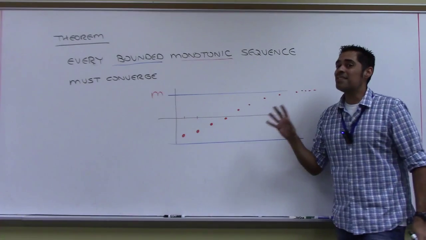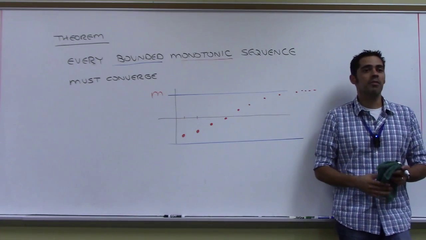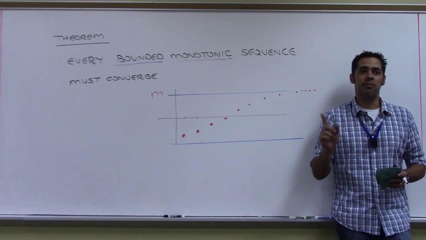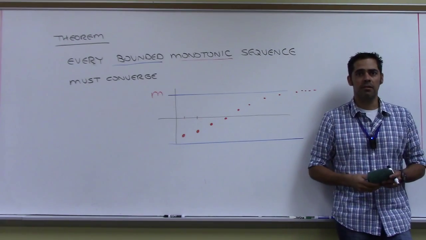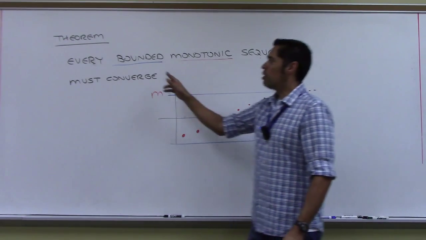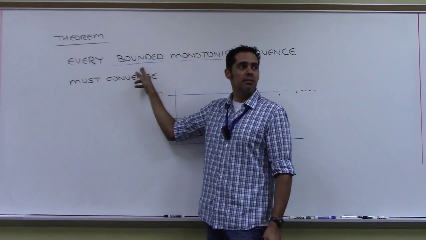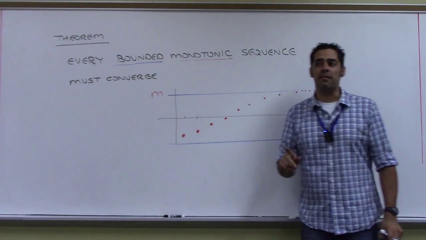But what does this theorem allow us to do? If someone asks us, does a sequence converge or diverge? This theorem says that if we check for two things, we can tell you if it converges. We have to first show it's bounded. That's the first condition. The second condition is to show it's monotonic.